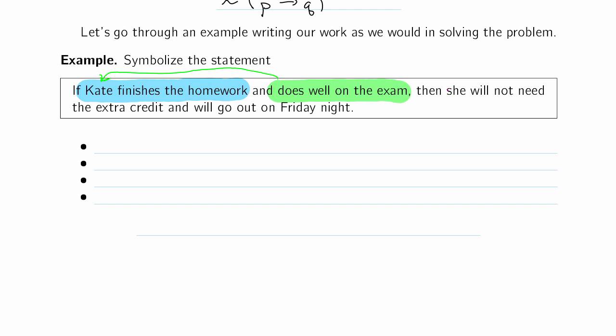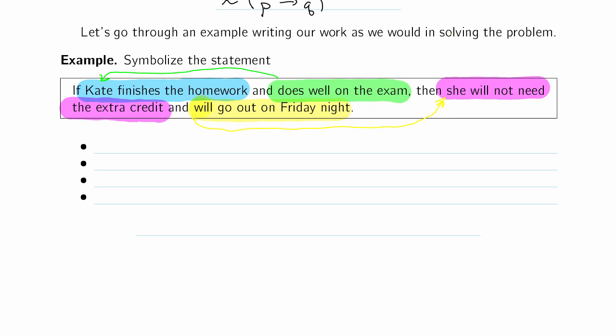So we have she will not need the extra credit. And then we have this will go out on Friday night. Who will go out on Friday night? Well, the subject of this will is the she back here, right? There's a grammatical connection between will go out on Friday night and the she.